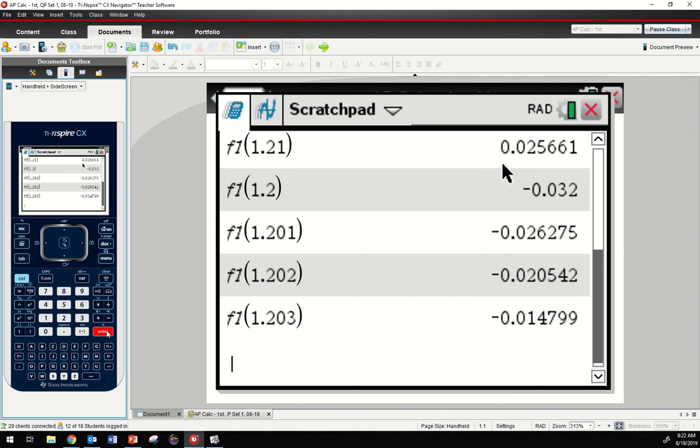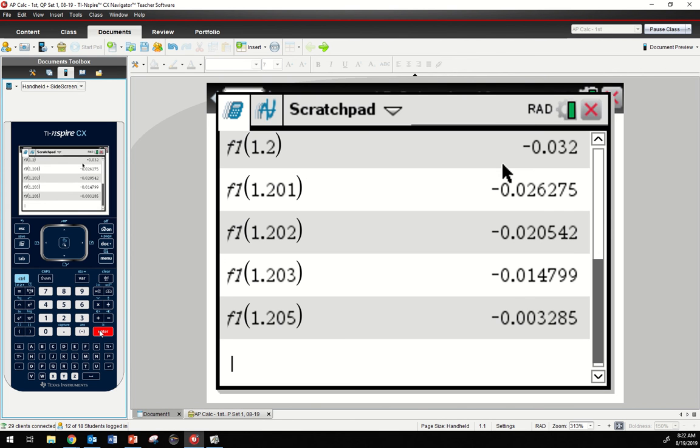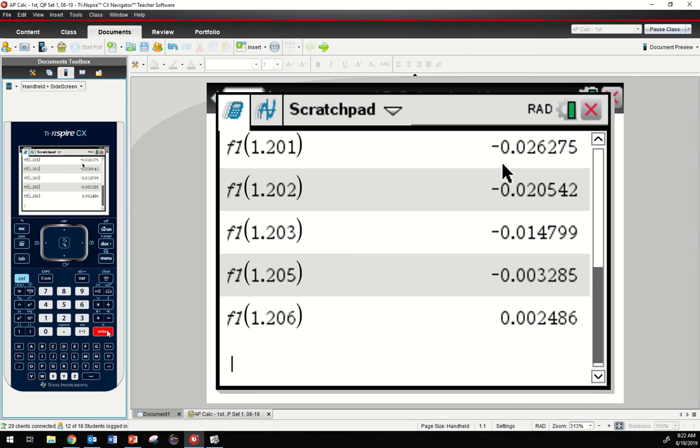Still negative. 1.205. Uh-oh. 1.206. There we go.